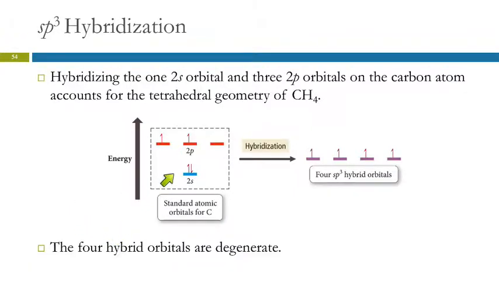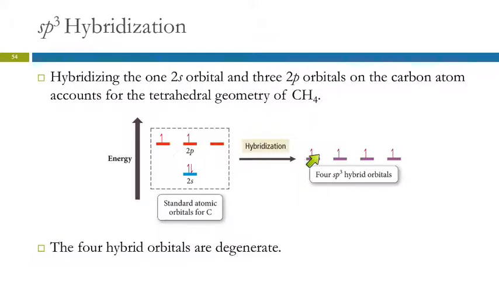So let's talk about taking an s orbital and three p orbitals and hybridizing them together. The s orbital is lower in energy, the p orbitals are higher in energy, but when we average them together, we end up with four orbitals that are degenerate. They're all at the same energy.